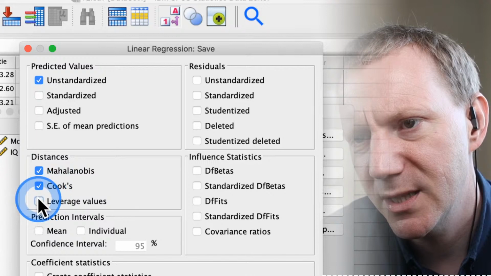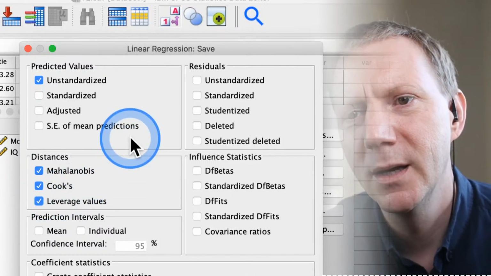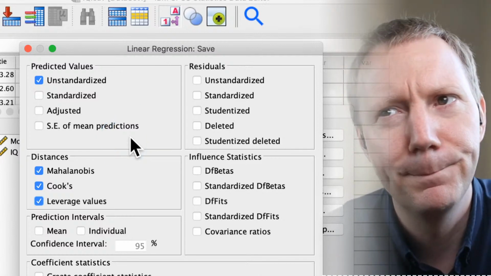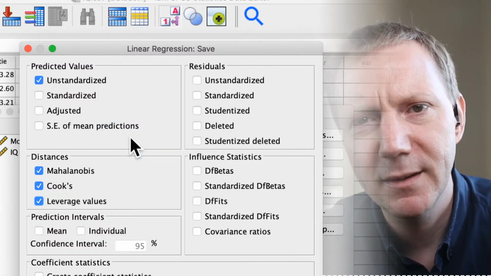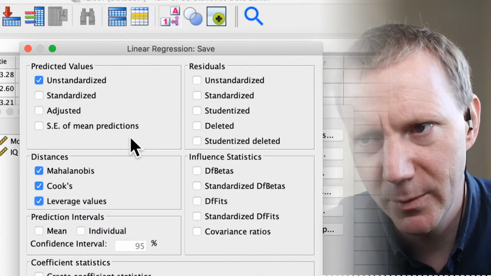But the most important parts here are the Mahalanobis distance, the Cook's distance, and the leverage, because those are the diagnostic values that can help you find the outliers, right? We talked about this last week.